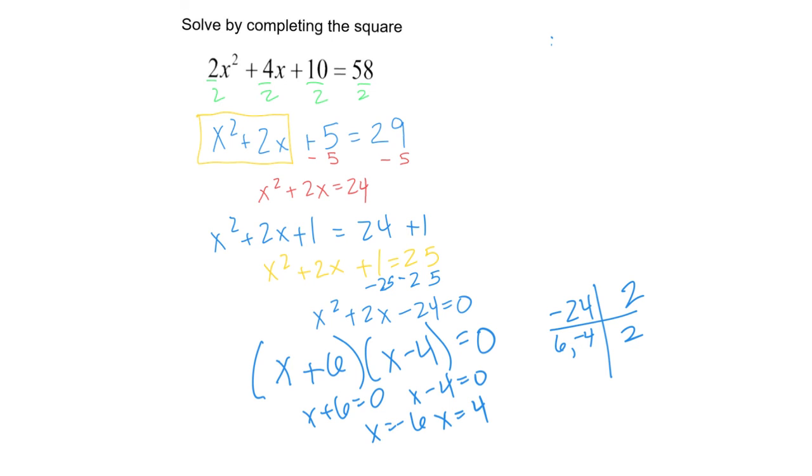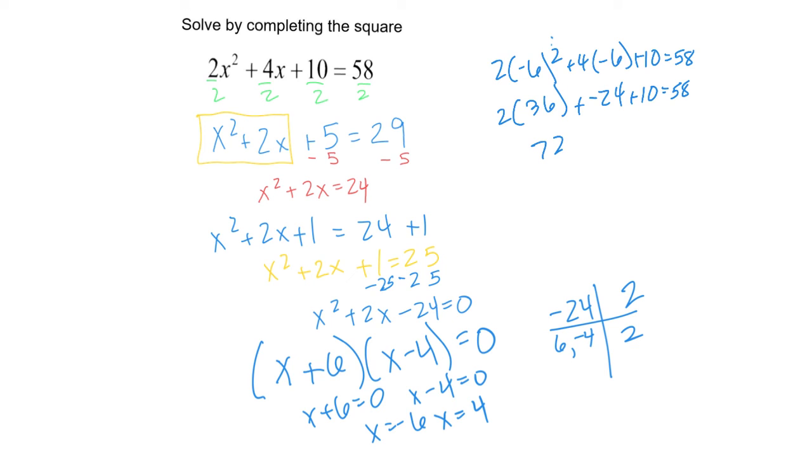And then, of course, I check it to make sure I have the right answer. If x is -6, 2 times (-6) squared plus 4 times -6 plus 10 equals 58. 2 times 36 plus -24 plus 10 equals 58. 72 plus -14 equals 58.